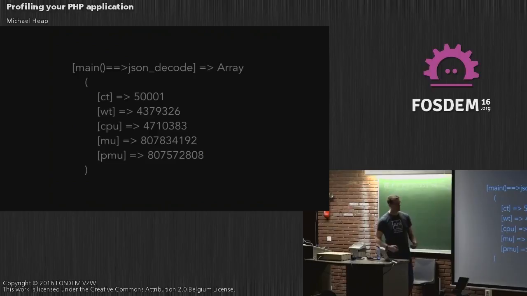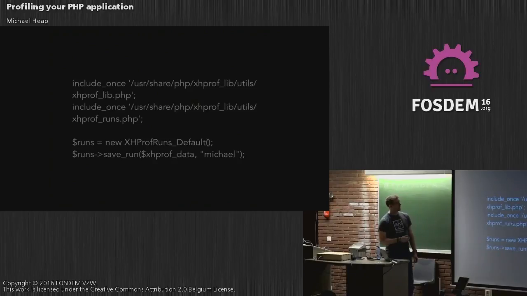Fortunately, XHProf comes with a UI as well, which helps you to summarize this. Those library files that I mentioned earlier, if you include those, it exposes this XHProfRuns_Default class that you can use to save runs to disk. And when I say save runs to disk, I mean it serializes the array and writes it into a file.